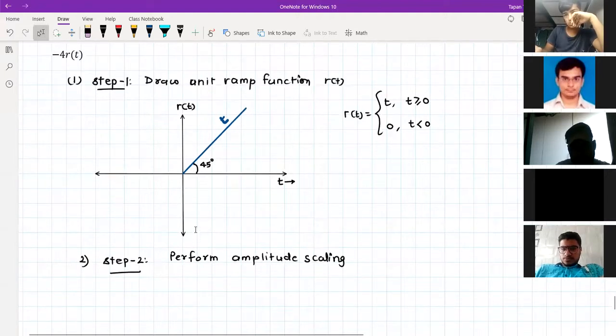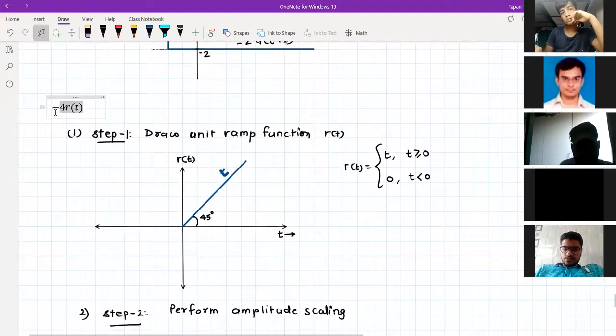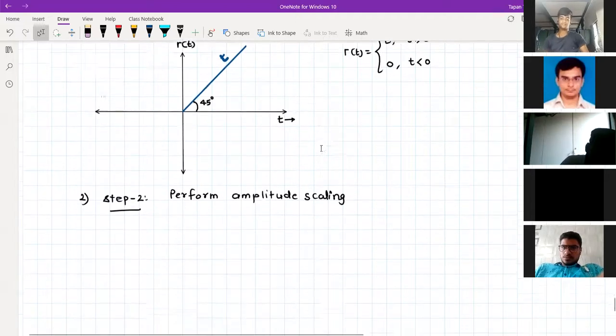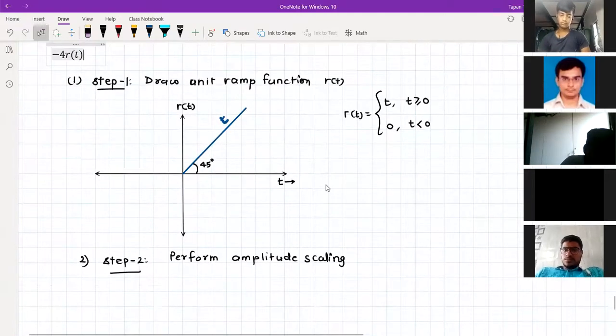So we can directly go with the amplitude scaling operation. If there is a shifting operation, then first you should do the shifting operation and then the amplitude scaling operation.